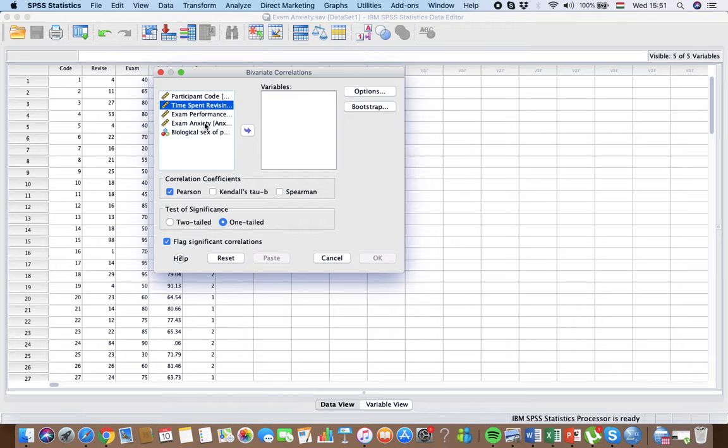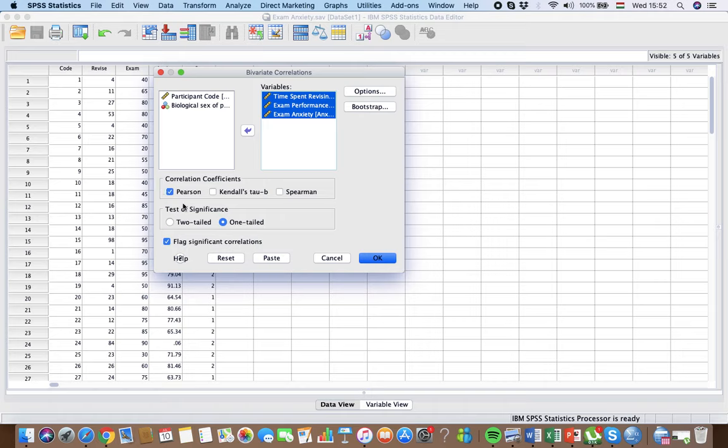The third variable is exam anxiety, and we also have a variable of biological sex that we are going to ignore now. So you can drag your variables that you would like to correlate to the variables box with the help of the arrow. And there are three different correlation coefficients that you can calculate.